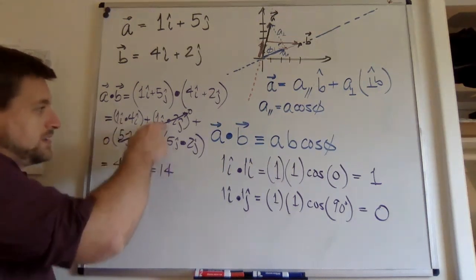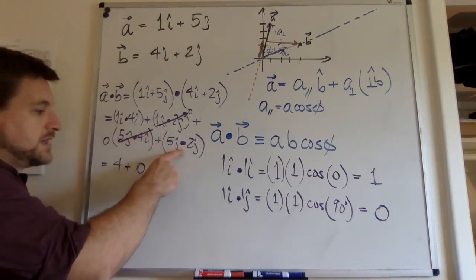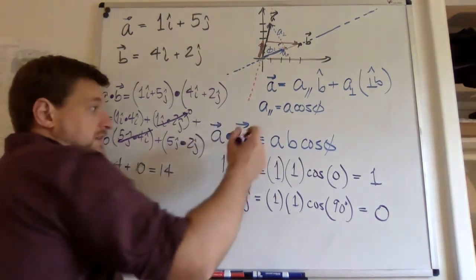The fact that these two terms disappeared and we just have the terms that multiply like components means that we have another formula for the dot product.